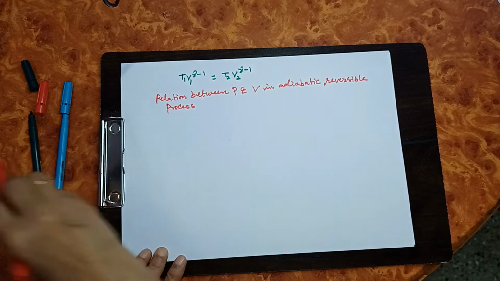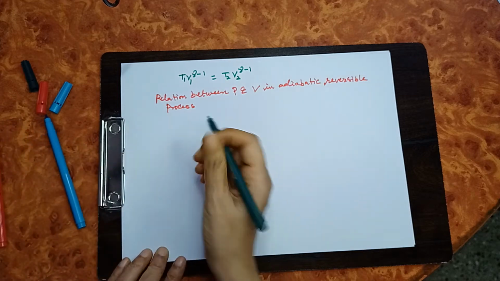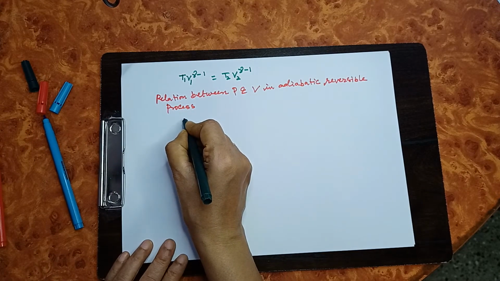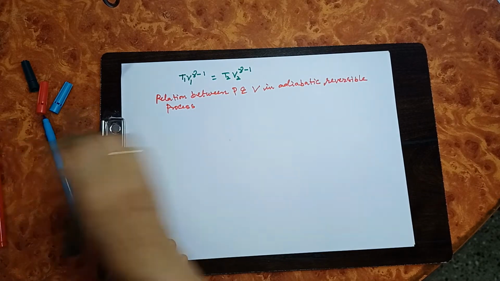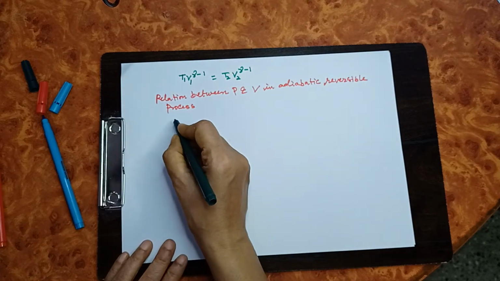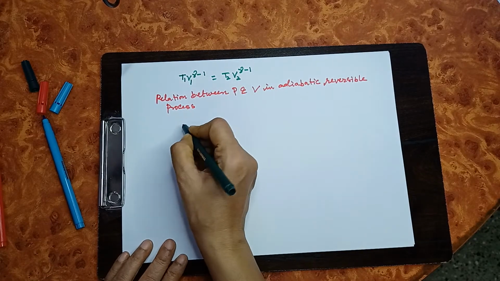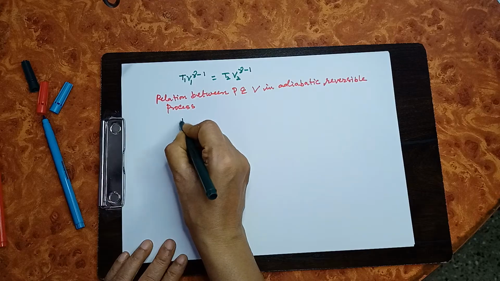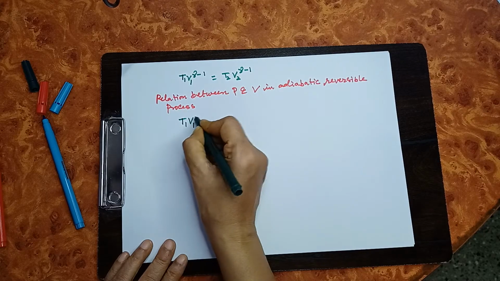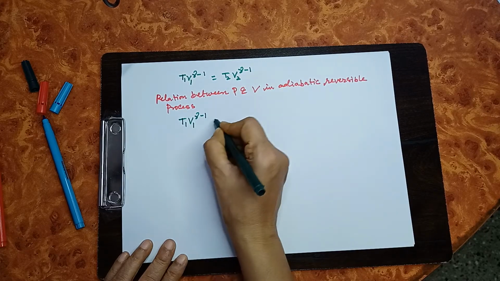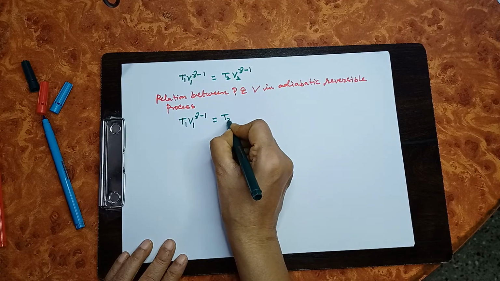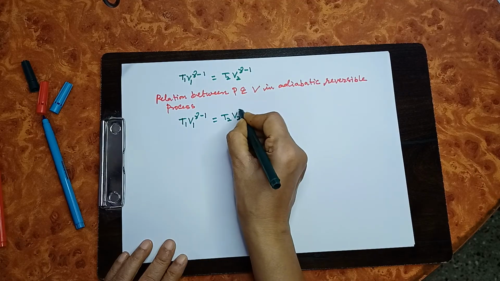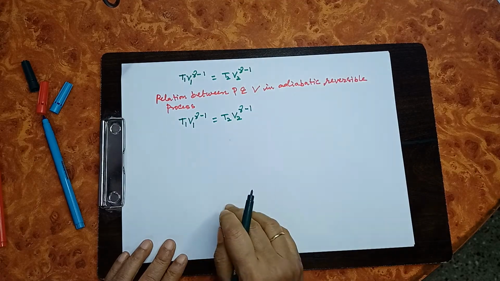We'll start from this relation. So T1 V1 to the power gamma minus 1 is equal to T2 V2 to the power gamma minus 1.